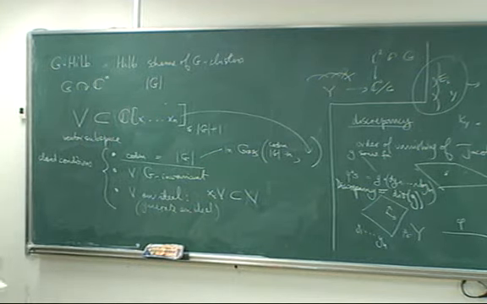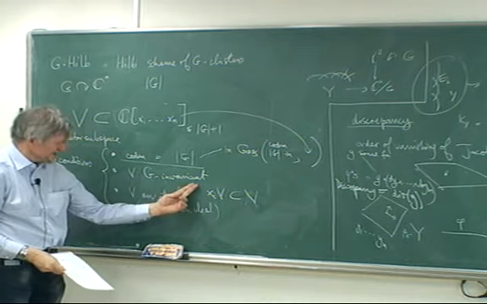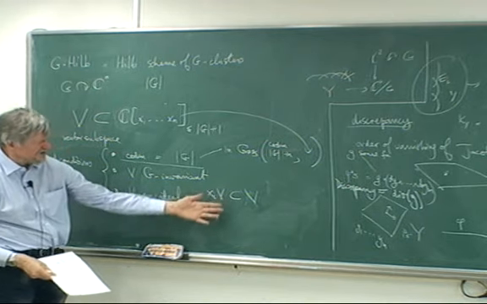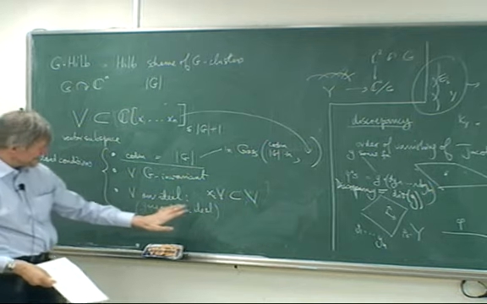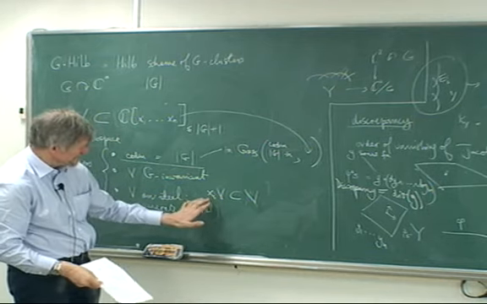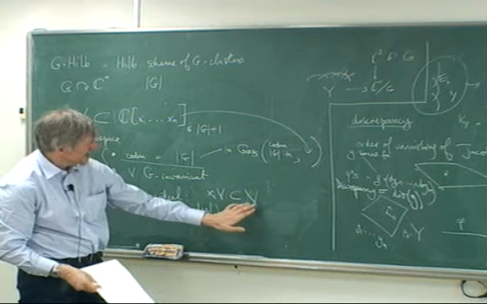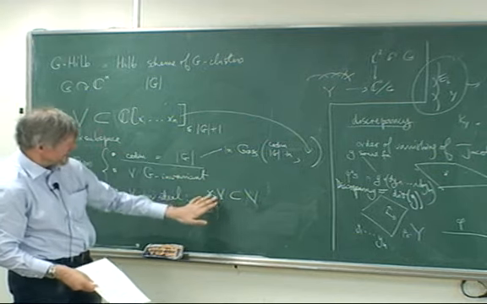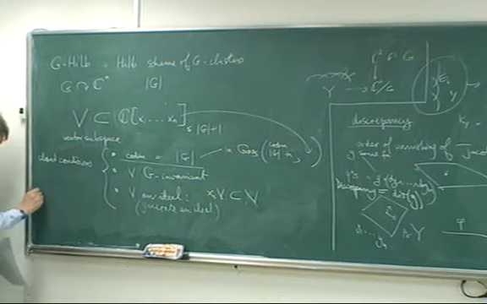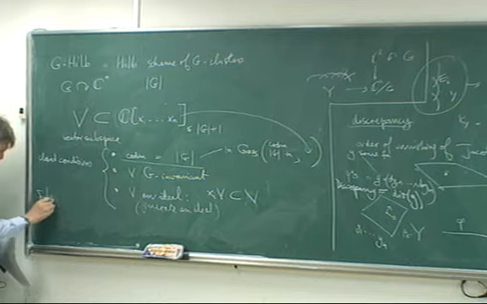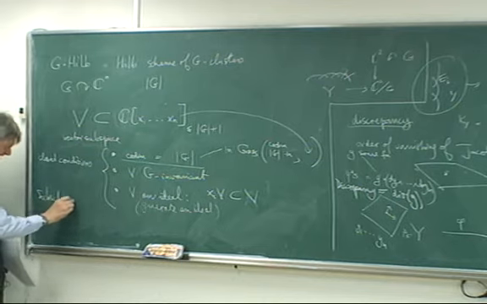These are conditions of linear algebra, and this is a polynomial condition. I have to take all the elements in V, multiply them by x, and check that up to degree |G|+1 they remain in V. So this is a subvariety, a subscheme of a Grassmannian.